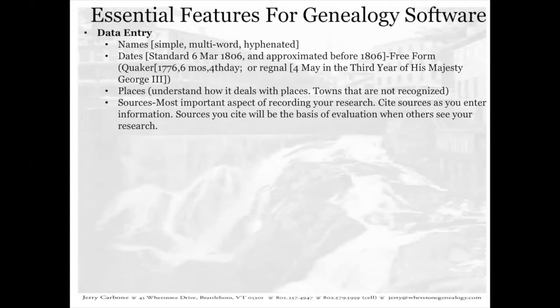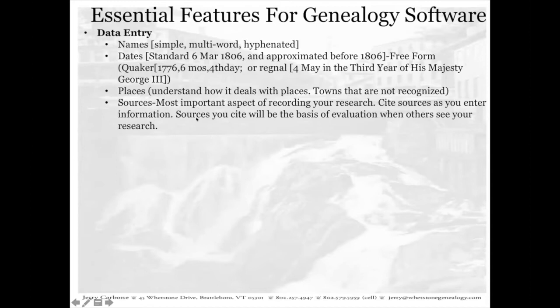And then of course sources, one of the most important things in genealogical research is to record your sources. All the programs should have a way of citing sources by standards such as Evidence Explained, which is the gold standard of genealogical source reporting. If people have never seen that book, it's like a 600-page book on how to cite various genealogical sources.